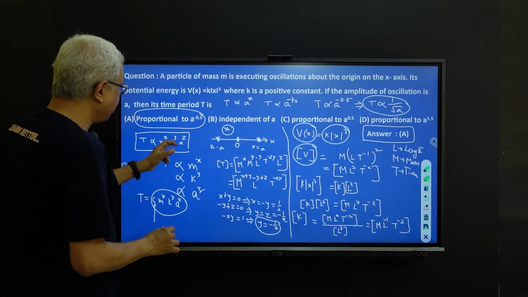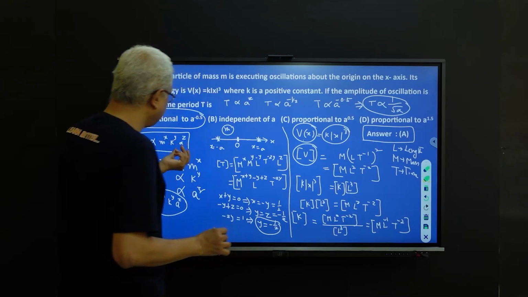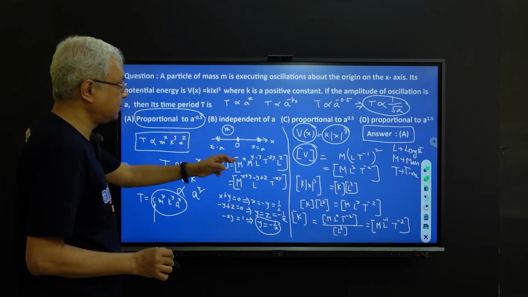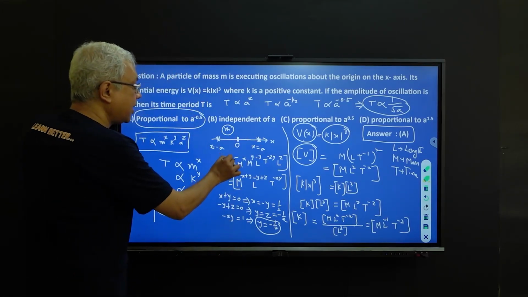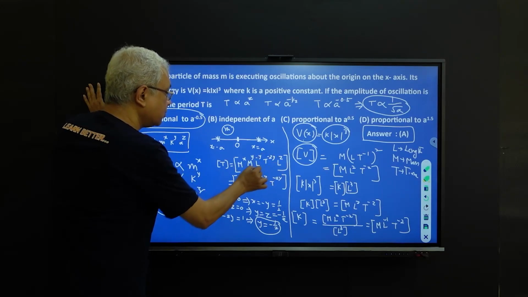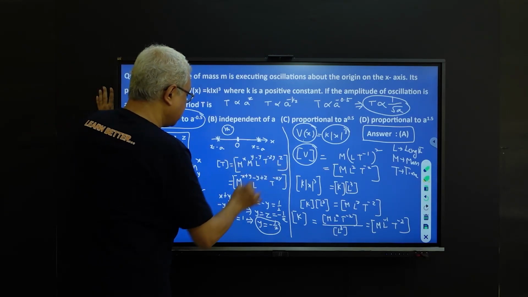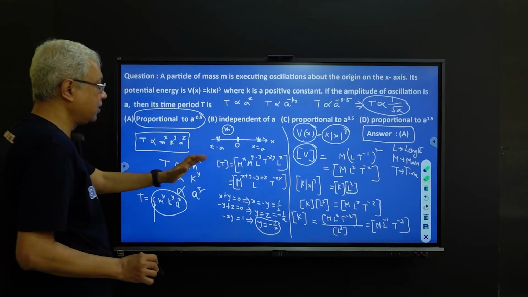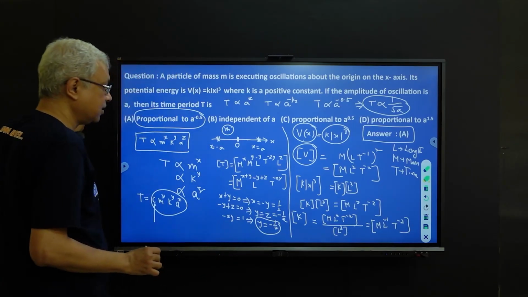And a is the amplitude which has dimension of length. So it is L to the power z. The dimension of a to the power z is L to the power z. So it is M to the power x plus y, L to the power z minus y, and T to the power minus 2y. And on the left hand side, it is the period which has dimension of time T.